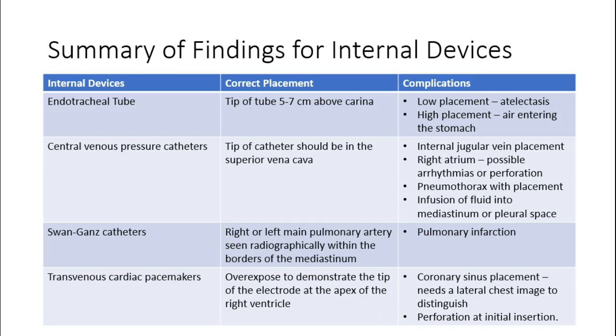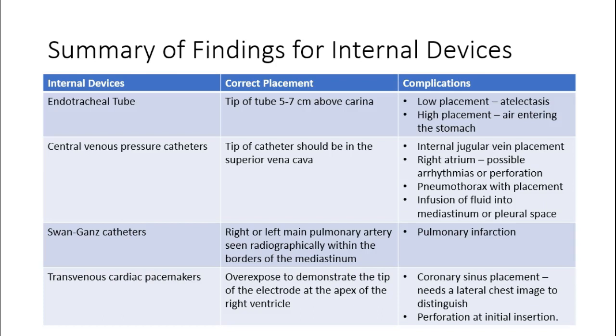So here are your different tubes, where they should be placed, and what happens if they're not placed right. Your ET tube, the tip of the tube should be 5 to 7 centimeters above the carina. Low placement will cause atelectasis. High placement, air entering into the stomach, and that's not good. Central venous pressure catheters: the tip of the catheter should be in the superior vena cava.